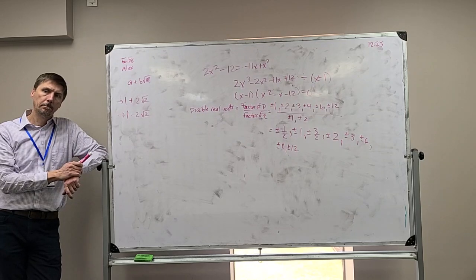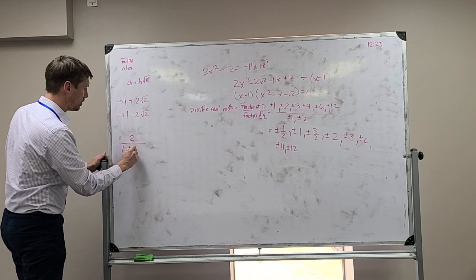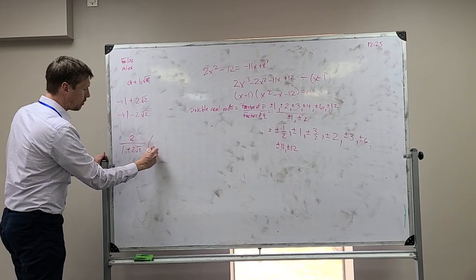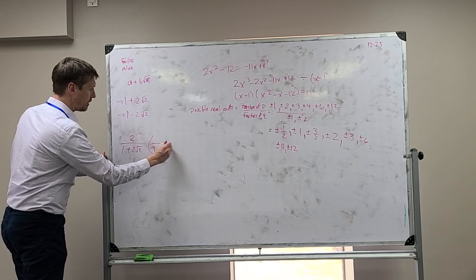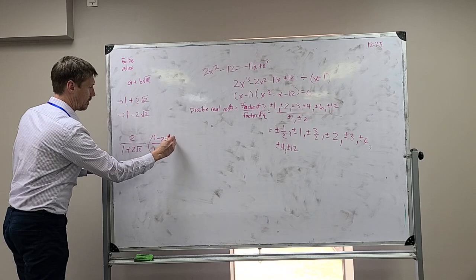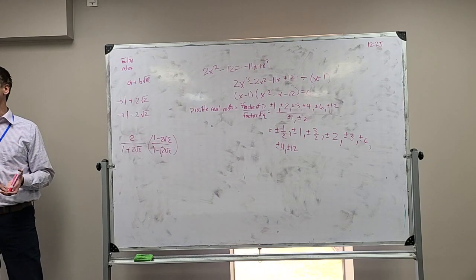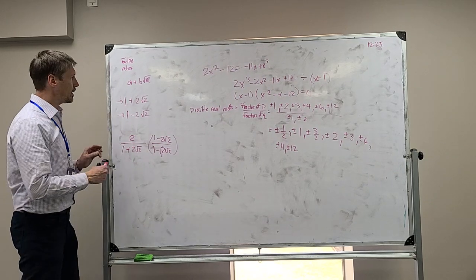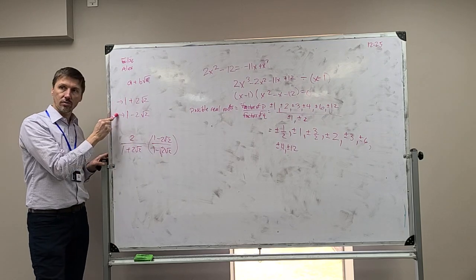If we had 2 divided by 1 plus 2 square root of 2, and we wanted to get rid of the square root of 2 down there, we would multiply top and bottom by that. Anybody remember? It's called the conjugate. I knew it started with a C. So if this ends up being a root, its conjugate will also be a root.